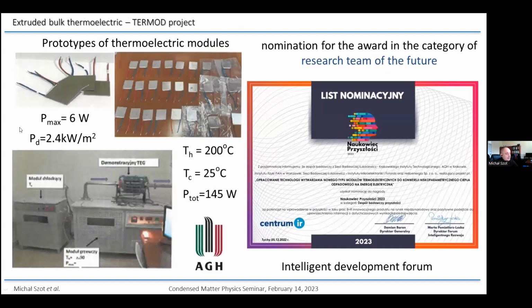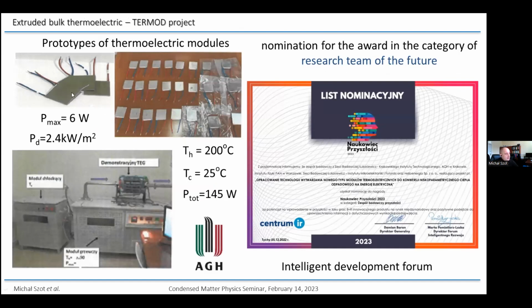However, the parameters for extrusion, unfortunately, were found at the end of the project. So the thermoelectric modules which were used for construction of the demo thermoelectric generator were based on the bismuth compounds.